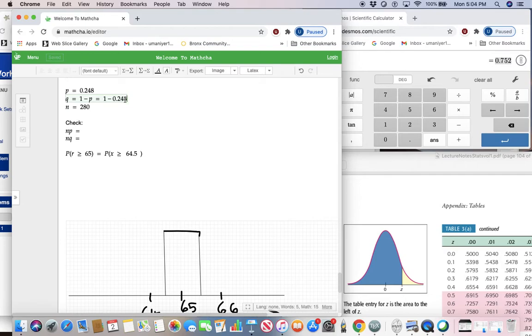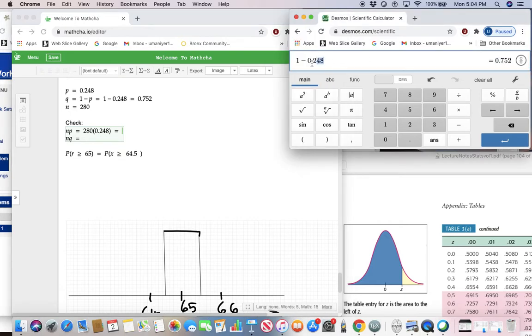So what is n times p? N is 280. I'm going to multiply it by p, 0.248. 280 times 0.248 gets me 69.44, which is a good number.